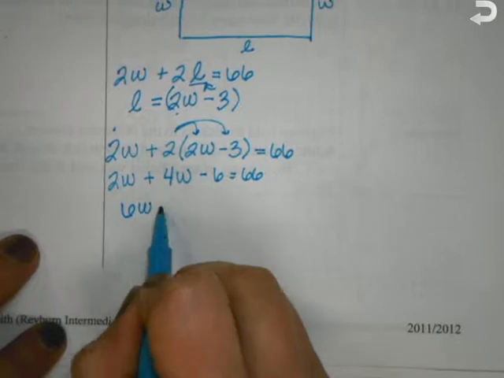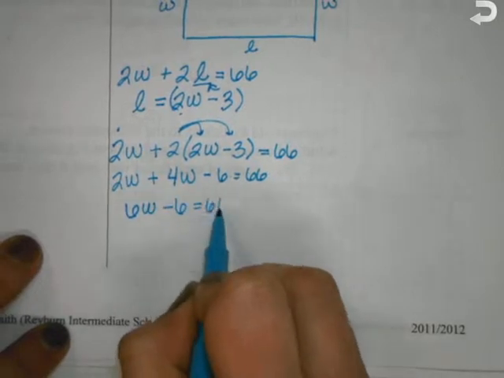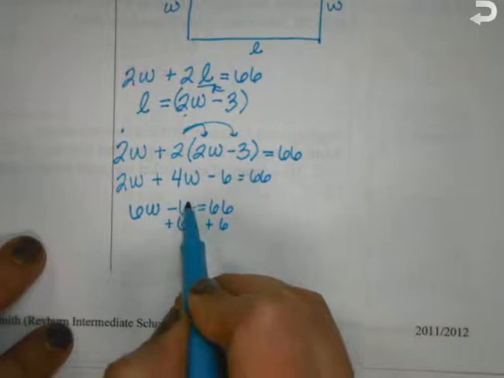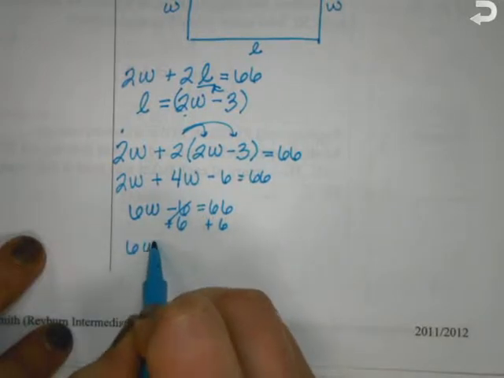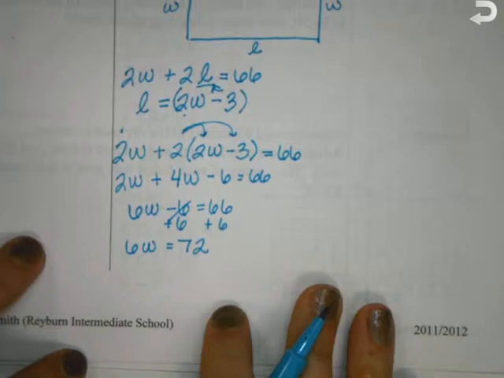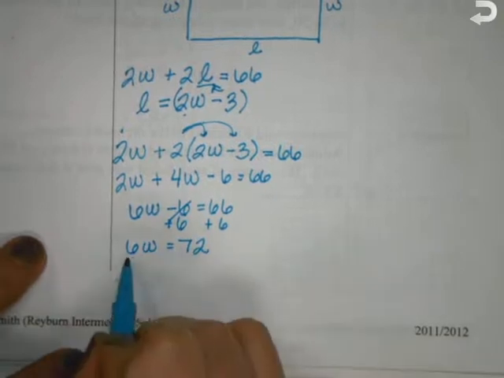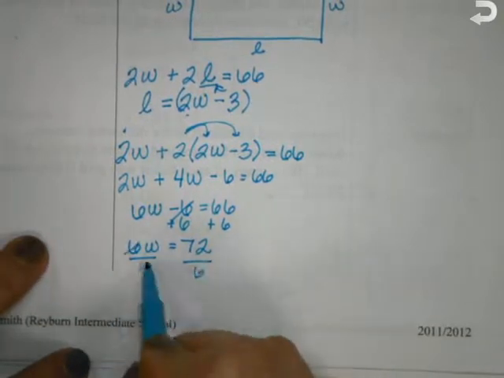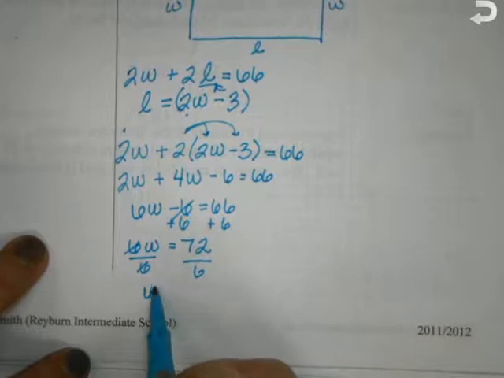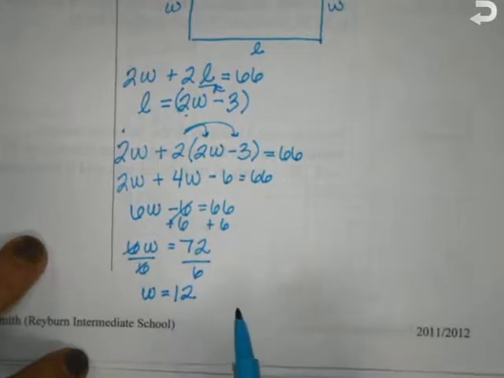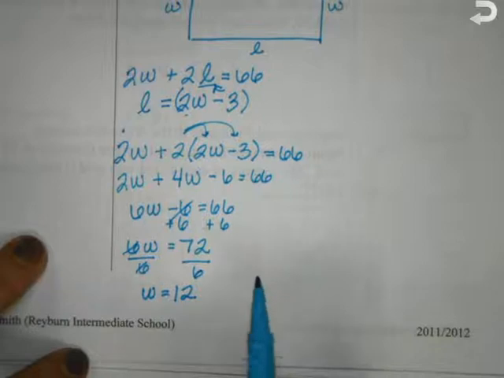Add 6 to both sides, so 6W equals 72. Divide both sides by 6. W equals 12. What units? Degrees? Or inches. It's in inches. That's great. So our width is 12 inches. Put a box around it so you don't lose it.